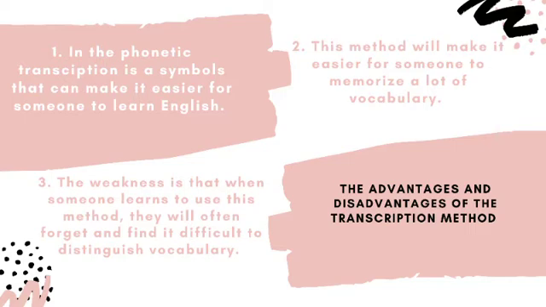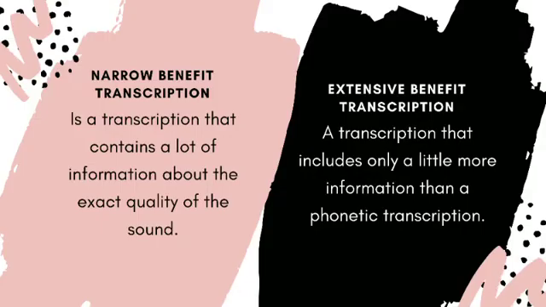The weakness is that when someone learns with this method, they will often forget and find it difficult to distinguish vocabulary. Narrow transcription is a transcription that contains a lot of information about the exact quality of the sound. Broad transcription is a transcription that includes only a little more information than a phonemic transcription.